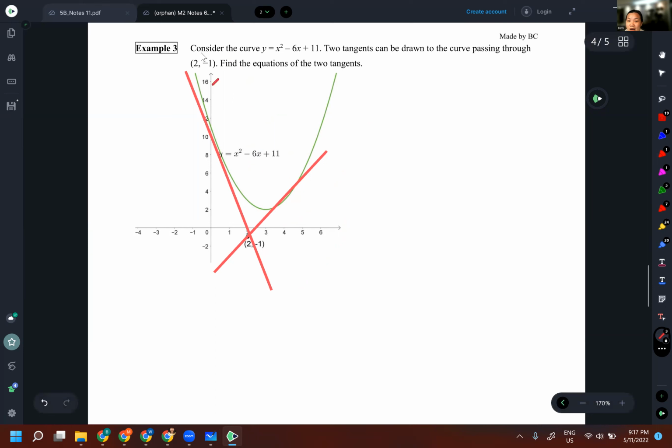For these two lines, we only know they pass through (2, -1). We know nothing about the slope and nothing about the point of contact. But somehow we need to find the equation.